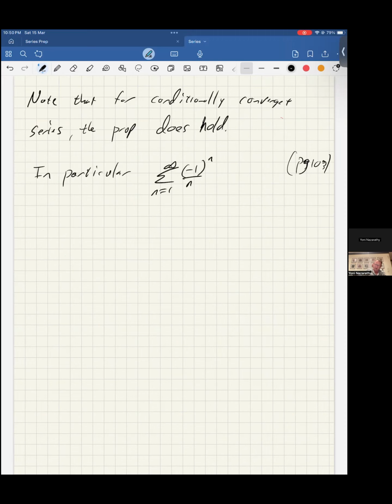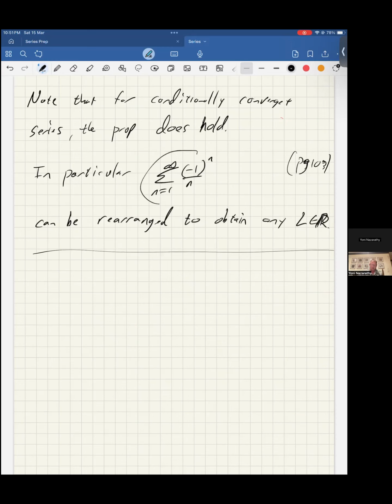In particular, this series can be rearranged, so you can sum the terms in a different order, to obtain any limit L in R. And that's quite fascinating. But that's just the way it is. So the order in which you sum terms in conditionally convergent series in general matters a whole lot.